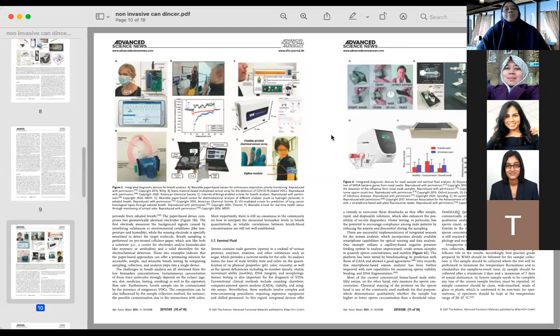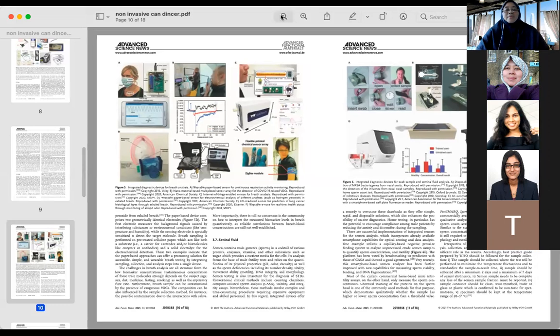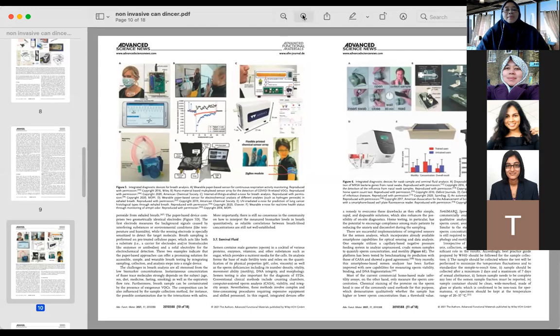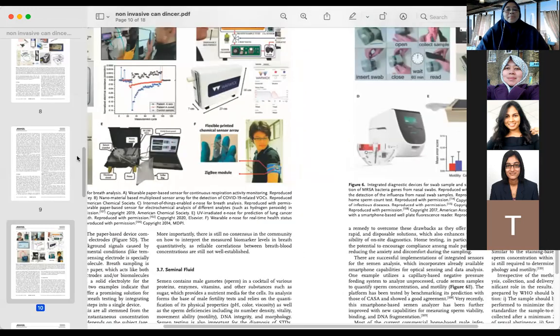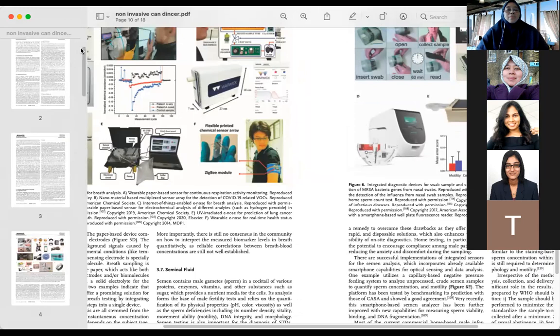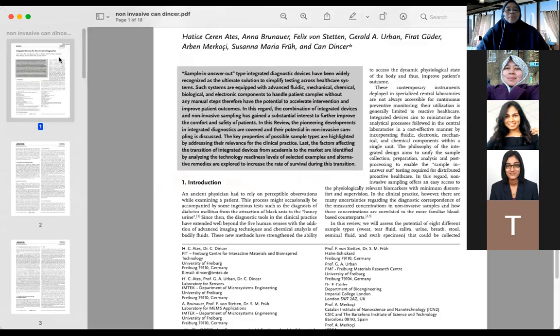I call it a working paper; it means writing about your scientific achievement. I'm not really good at maneuvering. I hope that you can see, even though it's quite small.